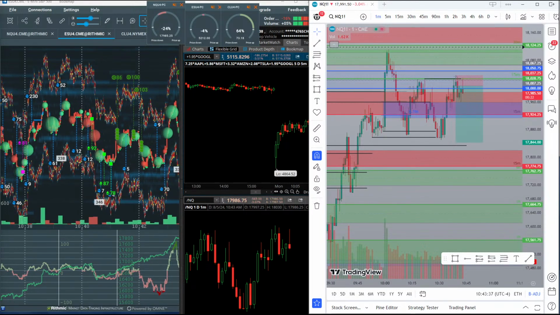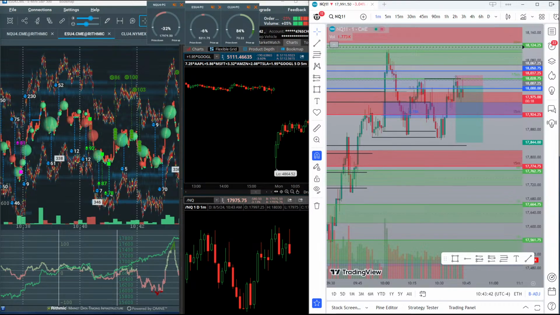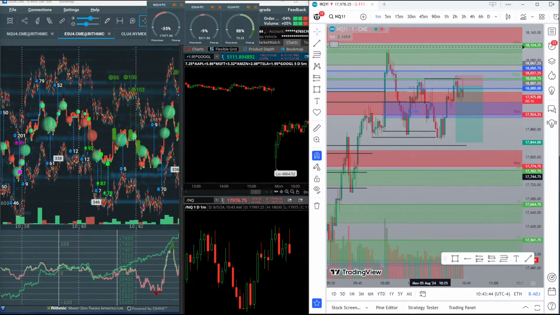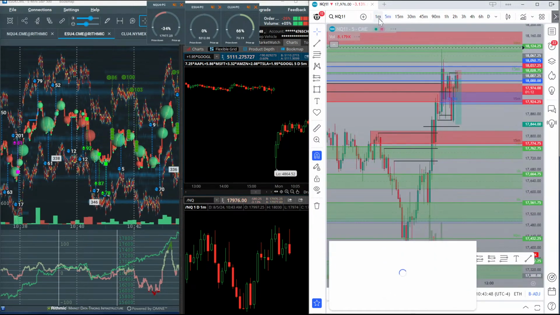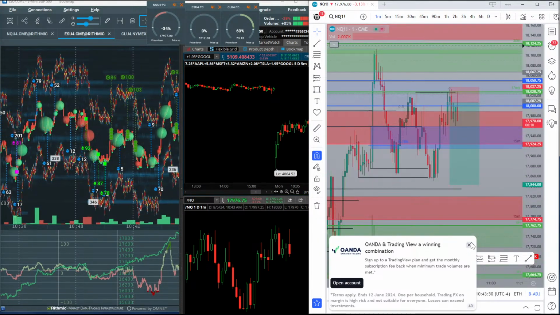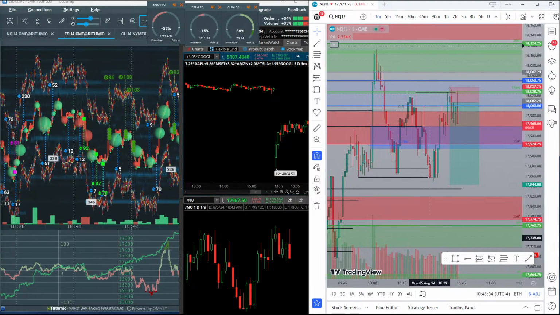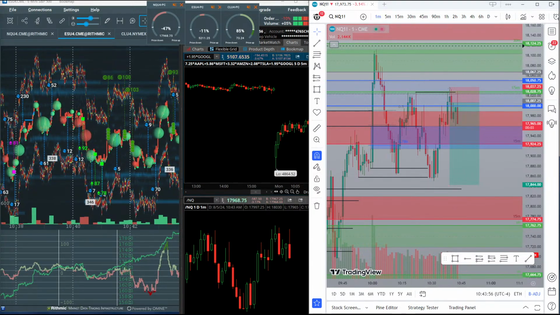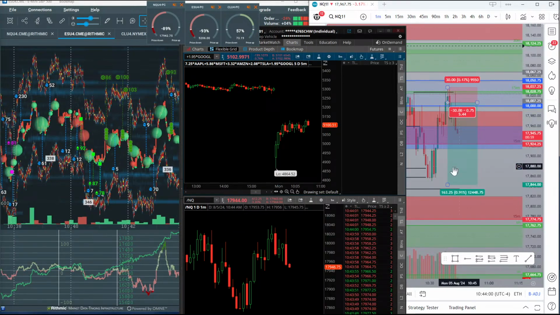You know what it is? It's just the volatility has just been so crazy. It does feel like it's going to push lower, though. I wanted us to push higher, but I don't think it's going to happen. That VIX is just so crazy strong.